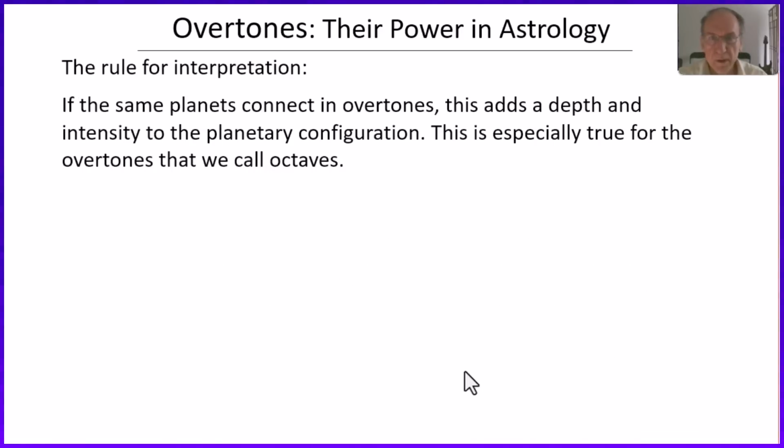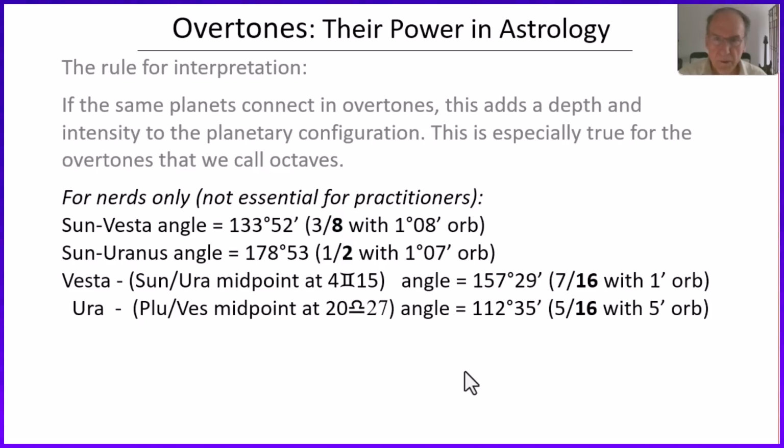So the rule is, just to repeat this, if the same planets, not different planets, connect in an overtone, especially in octave, I'll talk about other overtones in other situations. So if they connect like they are here, it just adds richness, strength, and depth to that planetary configuration.